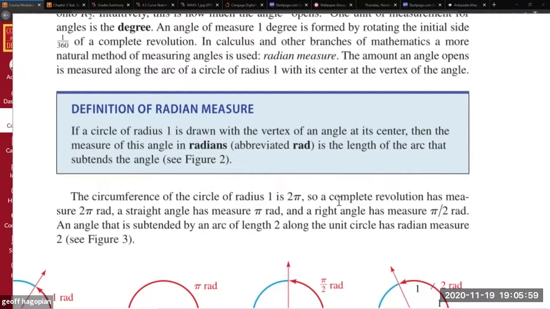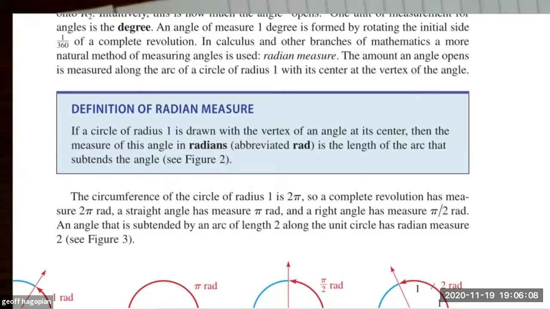So why do I disagree with this? Well, what it really is is the ratio. So let me go to my pencil and paper here and give you my definition of radian measure. I don't think I'm a weirdo in this regard. So, definition.